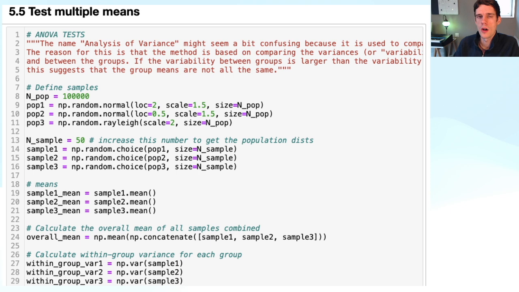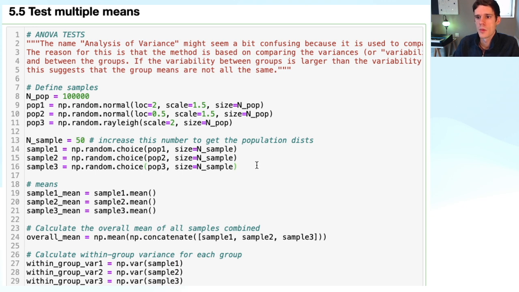By now, all of the code that you will see in this cell will be very familiar to you. First of all, we define our populations. We have two normal distributions and one Rayleigh distribution. Then, from these populations, we generate three samples, one sample from each population, and each sample will have the same sample size of 50 data points.